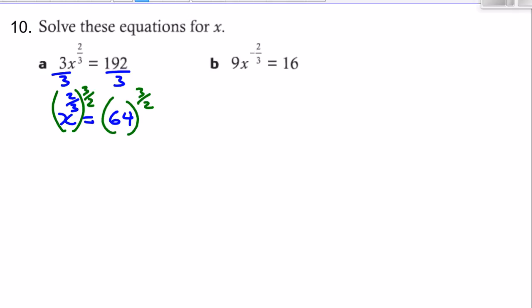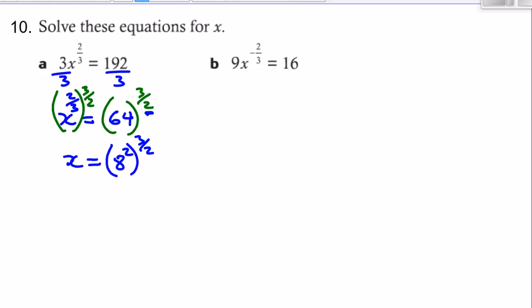So what I'll end up with here is x will be equal to 64, which is 8 squared, to the power 3 over 2. I could have written 4 cubed or 2 to the power 6, but I'm choosing 8 squared because I have this 2 here, so it's easy to cancel that.